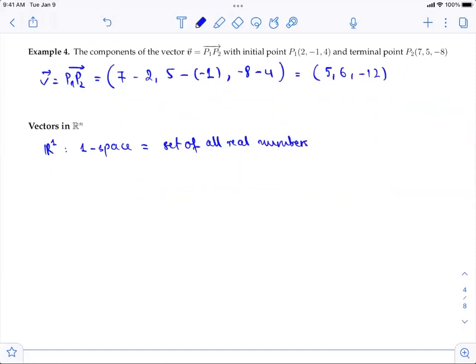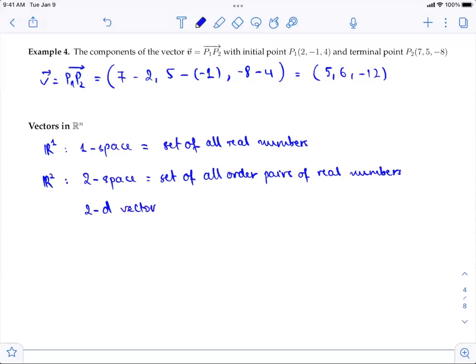Usually you have a straight line, the real number line, right? So that's R1. When you talk about R2, that's the XY plane, the 2-dimensional case. This is the set of all ordered pairs of real numbers. Usually 2-dimensional vectors are written as, for example, v equal to v1, v2.